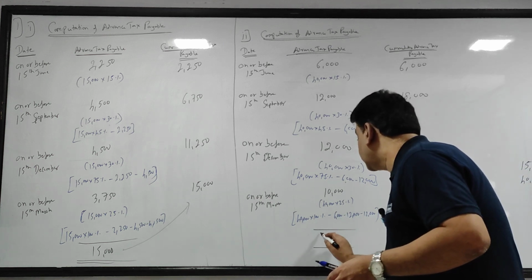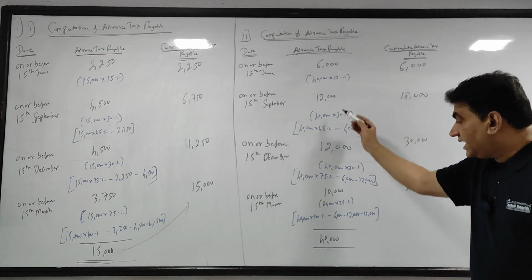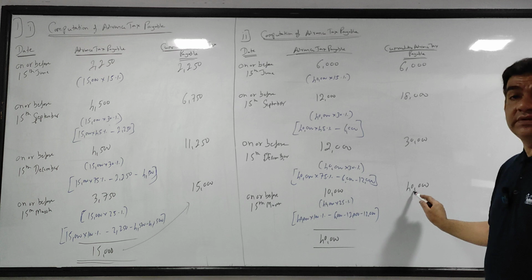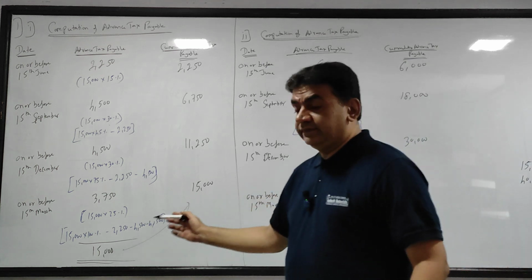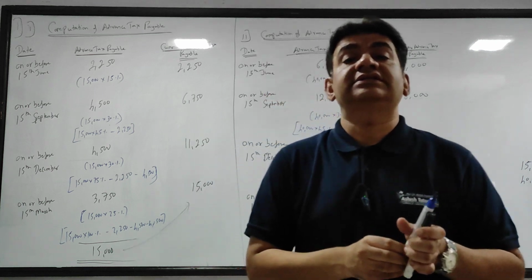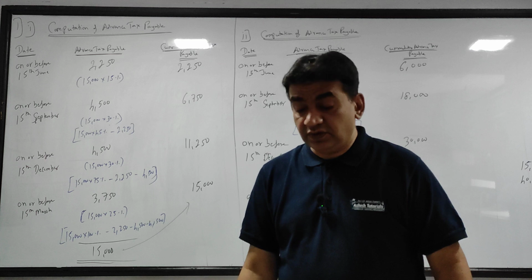And यहाँ का total करो has to be 40. So advance tax payable का total का amount has to be equal to this. Got it guys? This is your advance tax का calculation.